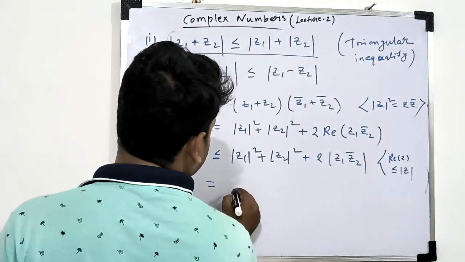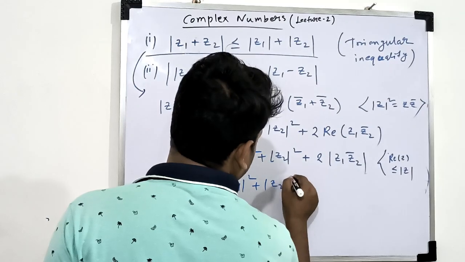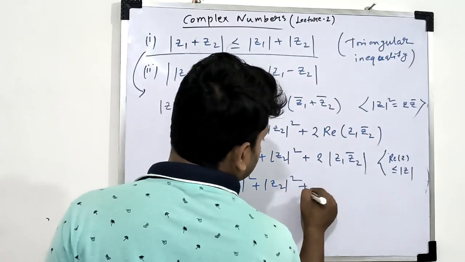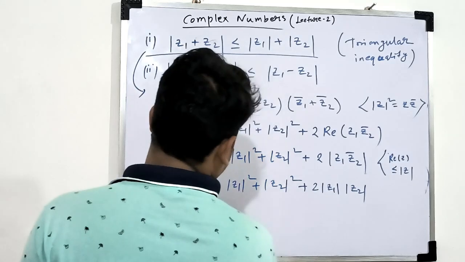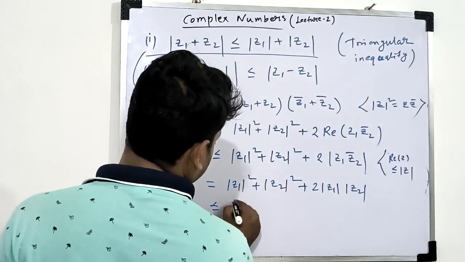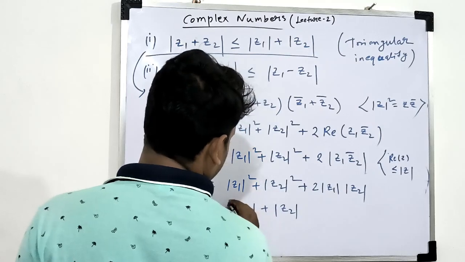So from this we can write modulus z1 whole square plus modulus z2 square, and this becomes 2 mod z1 mod z2, which is less than or equal to (mod z1 plus mod z2) whole square.